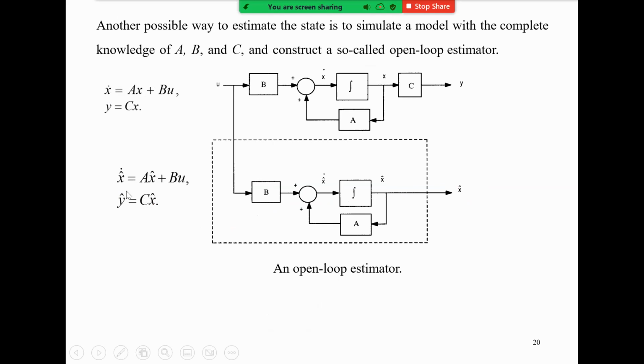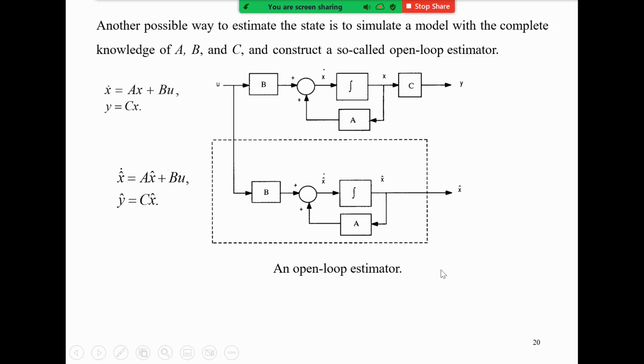We say x hat is the estimation. So this is the system, and this is your estimator, an exact copy of your system.